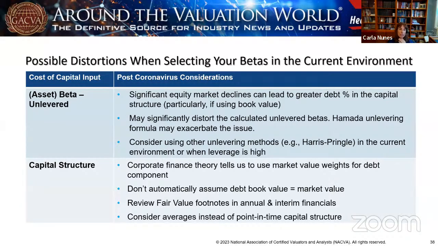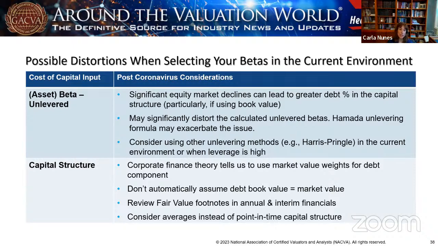One is the asset beta unlevering method, which we actually highlighted. That Hamada may not help when, for example, you have significant equity market declines and suddenly debt is a significant portion of the capital structure if we're using book value. And so Harris Pringle at times might be a better option for unlevering.